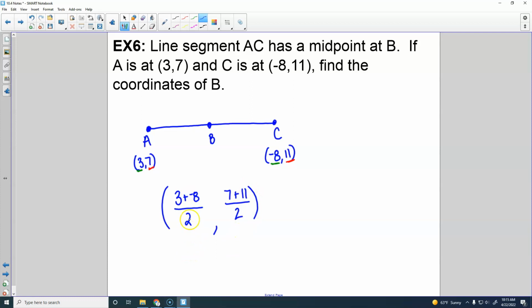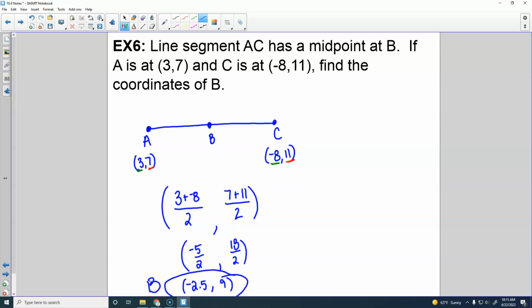And so 3 plus -8 gives me -5 over 2. I get 18 over 2 here. And as Peyton said, that gives me -2.5 and 9. So those are my coordinates for point B.